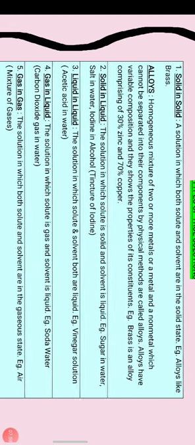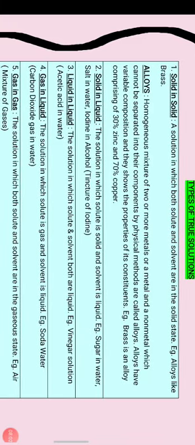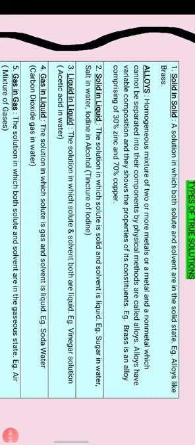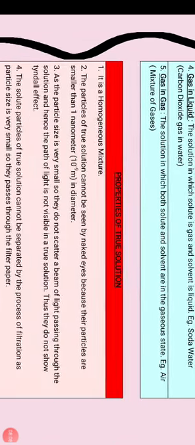So there are a total of 5 types of true solutions. You should know each one of them in detail and their examples. Now next is the properties of true solutions.